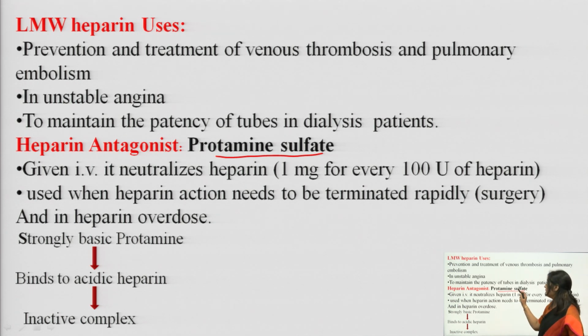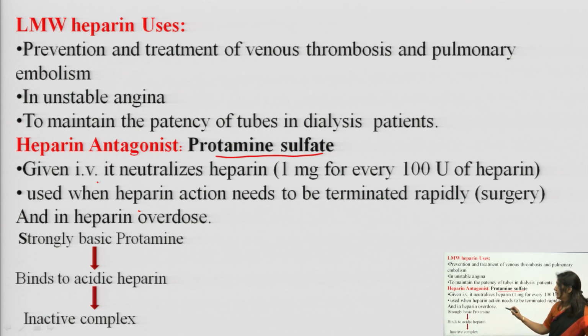Protamine sulfate is a heparin antagonist given intravenously to neutralize heparin. 1 mg of protamine is given for every 100 units of heparin. So, protamine is used when heparin action needs to be terminated rapidly and in heparin overdose.